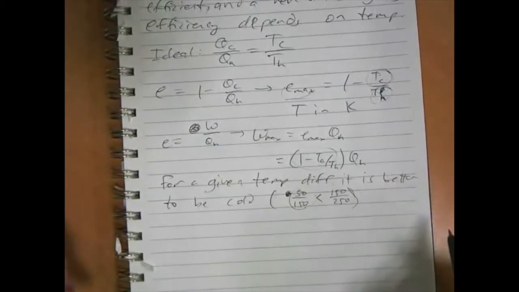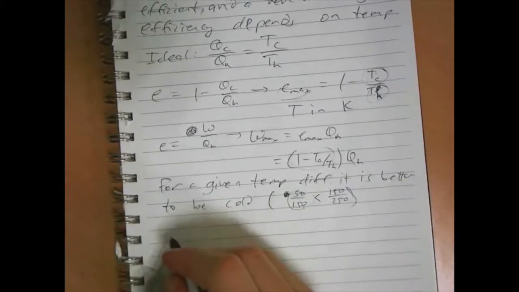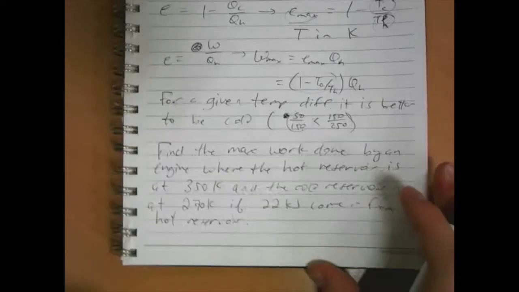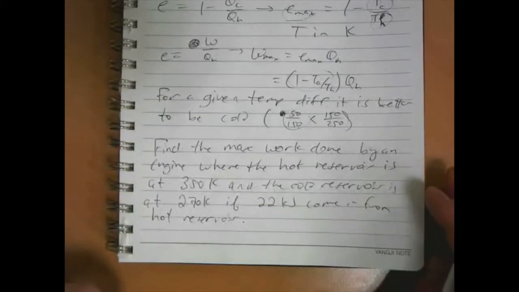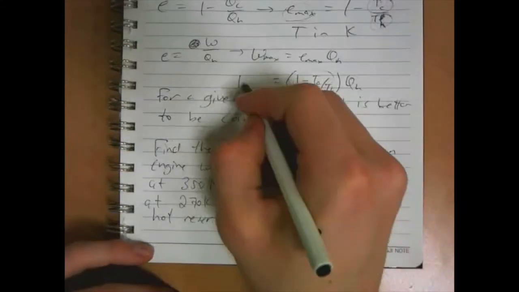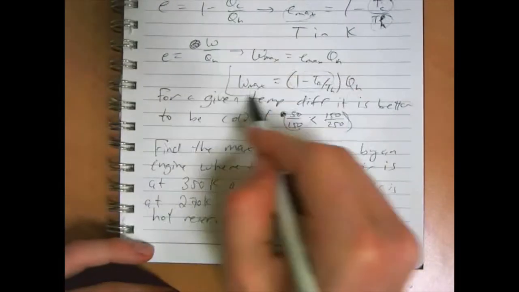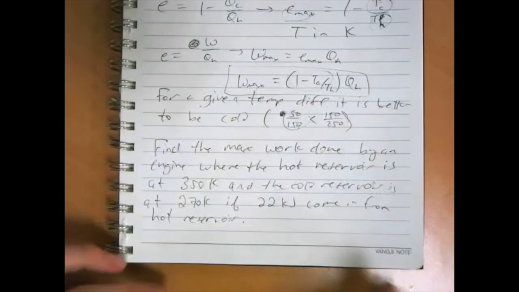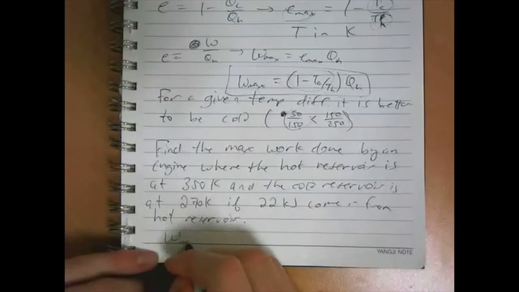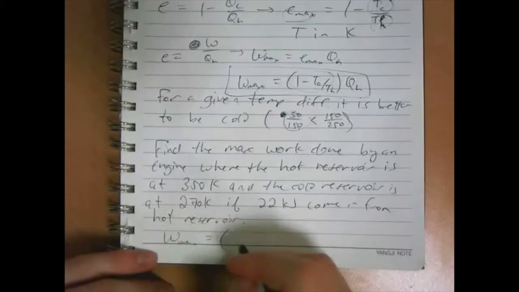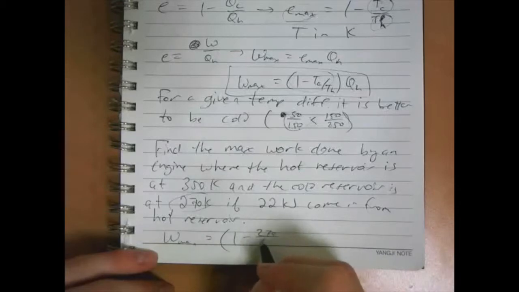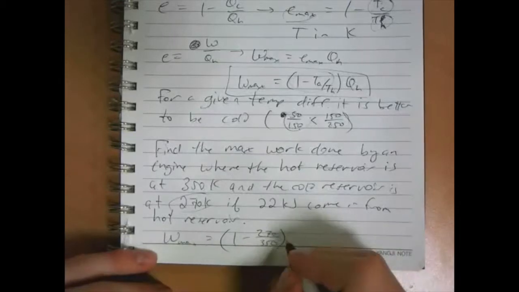Just run another quick example here. Find the maximum work done by an engine where the hot reservoir is at 350 Kelvin, the cold reservoir is at 270 Kelvin, if 22 kilojoules come in from the hot reservoir. Well, the maximum amount of work done, simply that equation. So the maximum work done by this engine is 1 minus cold reservoir, 270 over hot reservoir, 350, times 22 kilojoules, 22,000.